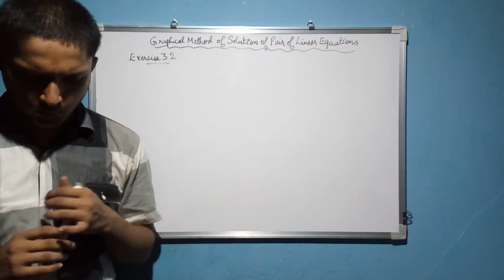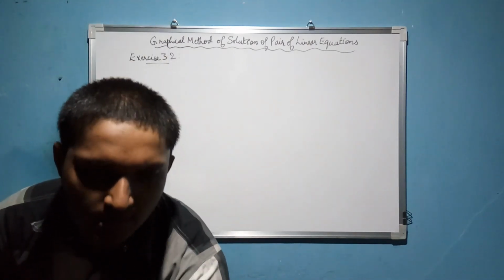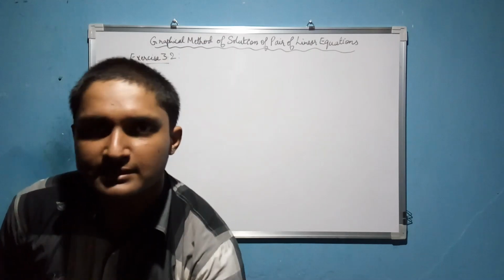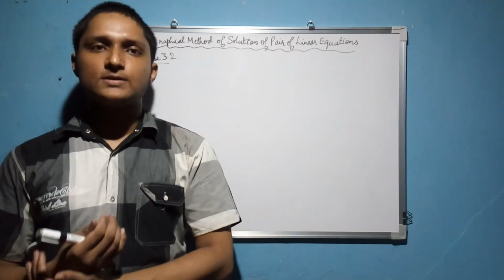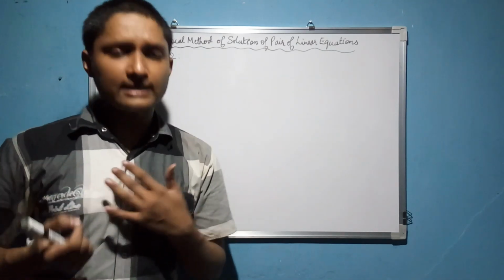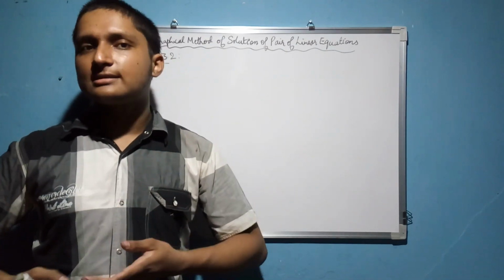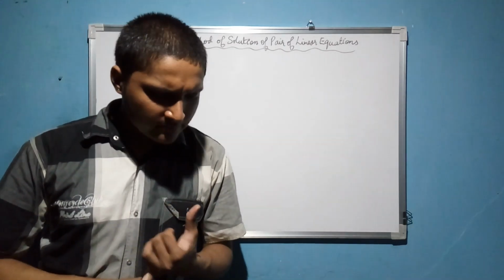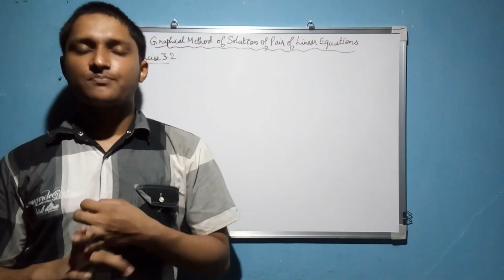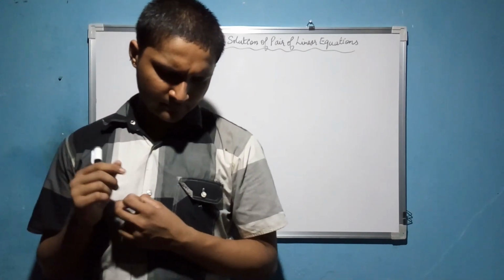Now we have the fourth question. Again they ask which is consistent or not. Based on the a1 by a2, b1 by b2, c1 by c2 ratios, you can find out that the first and the third subdivisions are going to be consistent, because the first one is coincident and the third one is the intersecting form.